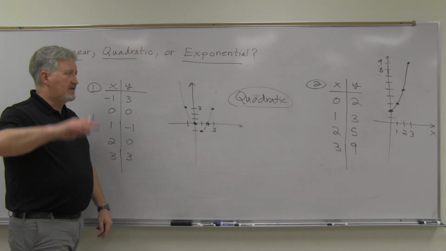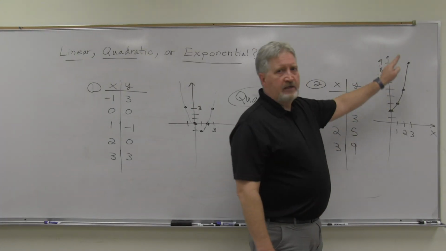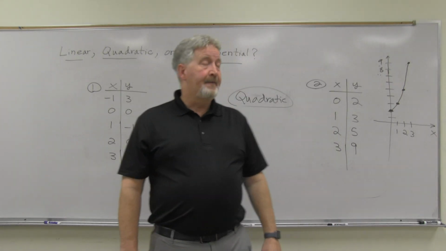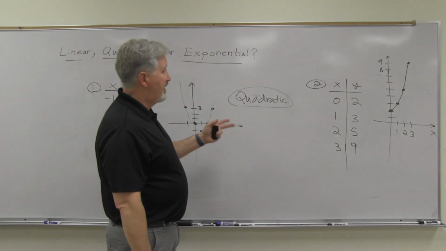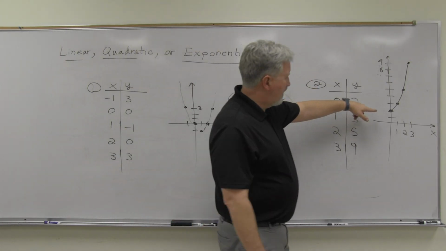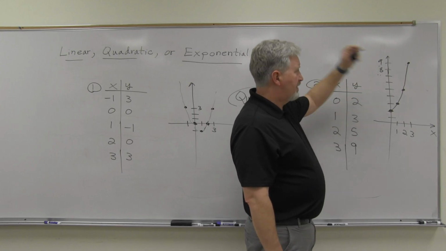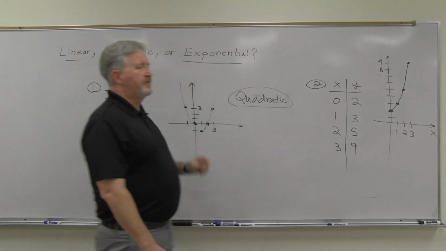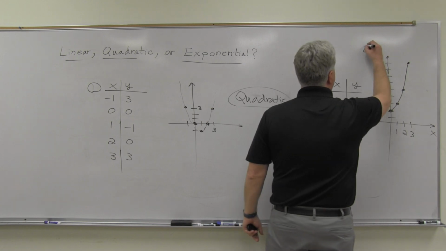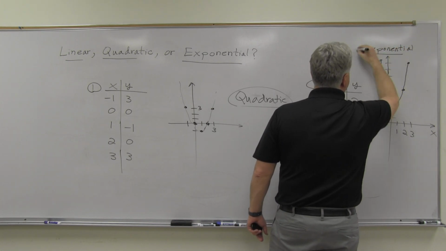Obviously, it's not a line. A line would be straighter. And it's not going to quite have the parabola shape. So what they want you to look at is that this is going to be the exponential, the start of the hockey stick, for those reasons.